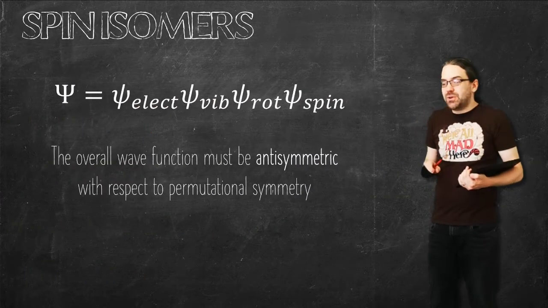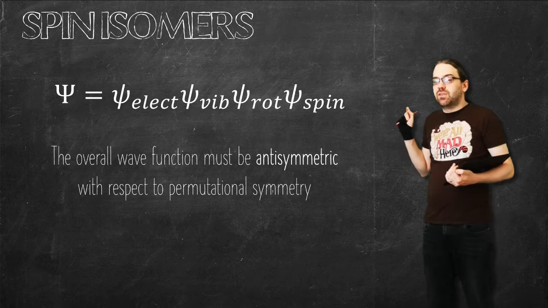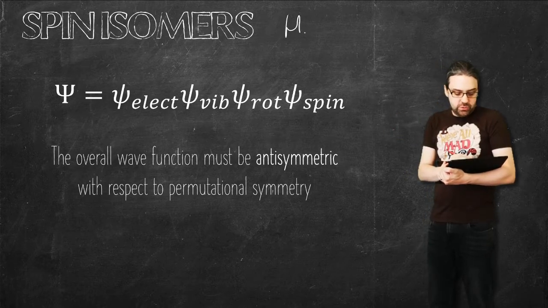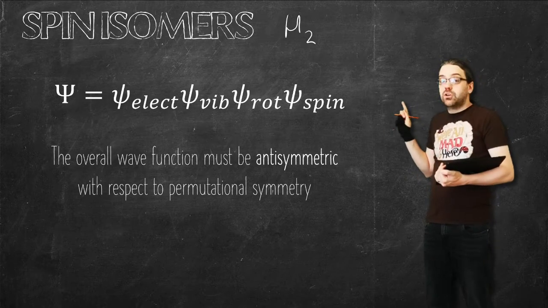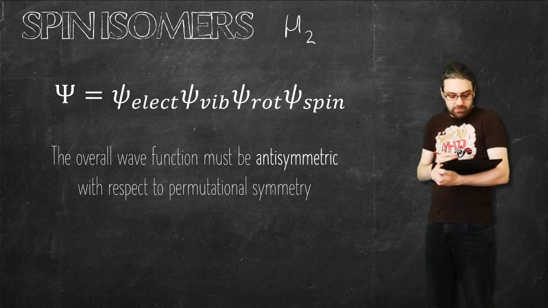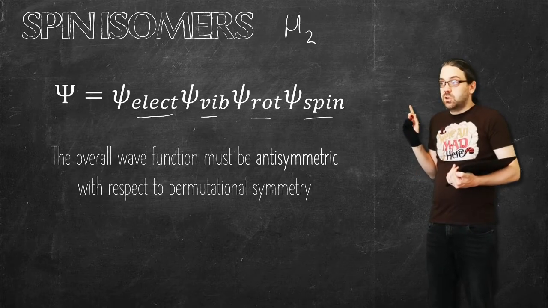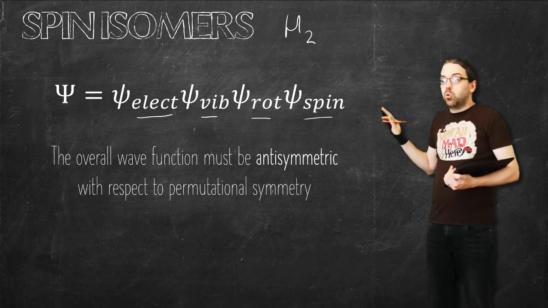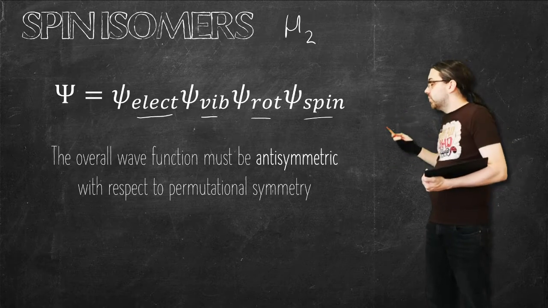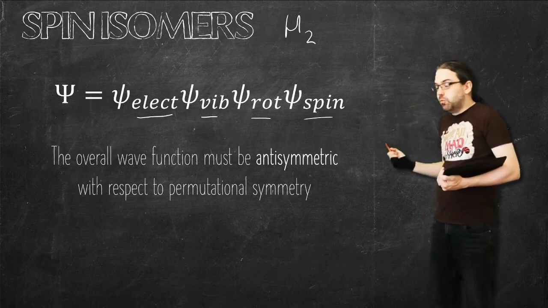This has a consequence on the overall wave function of hydrogen. So H2, that molecule, has a wave function that's combined with the electronic function, the vibrational, the rotational, and its spin state. So everything there is all related, and it must be anti-symmetric overall.